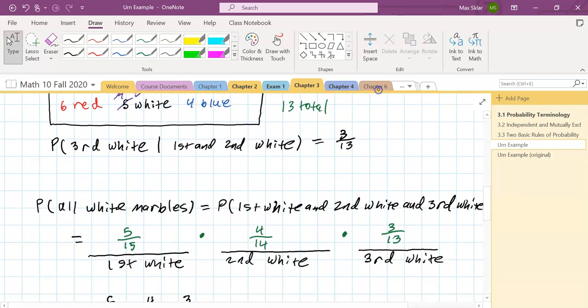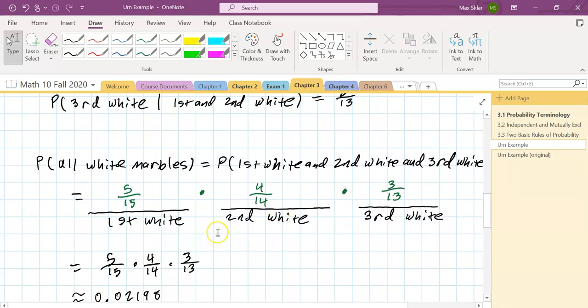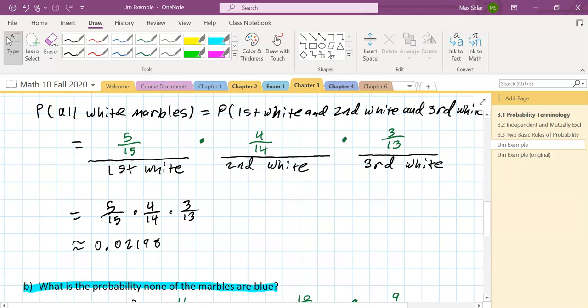This is the probability that the first marble is white times the probability that the second marble is white, given that we know that the first marble is white, times the probability that the third marble is white, given that we know that the first 2 marbles were white. The product of those fractions is 0.02198. I've rounded off to 5 decimal places.